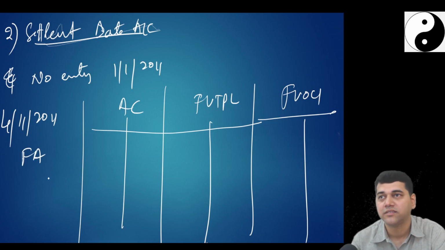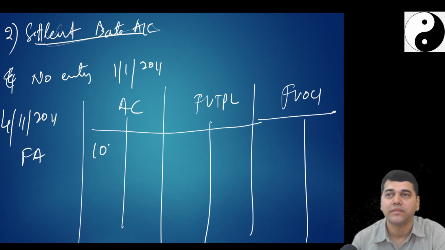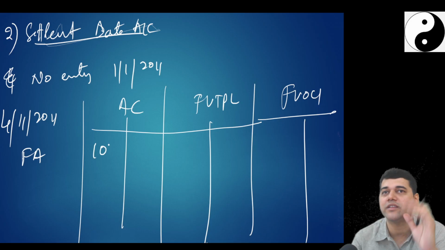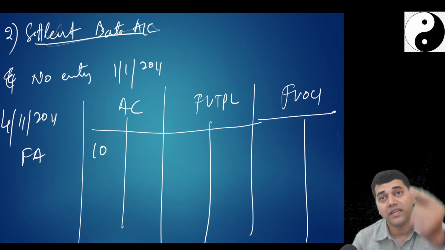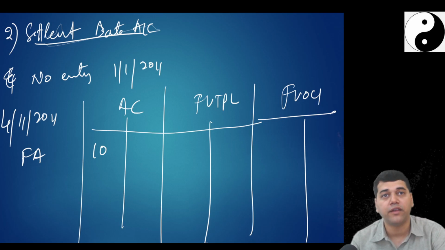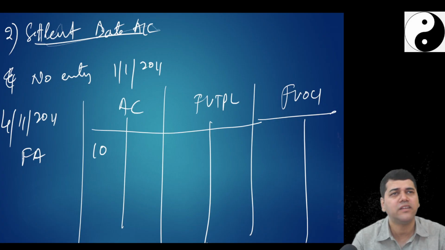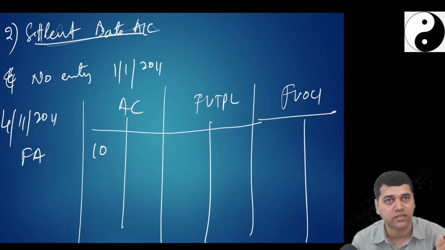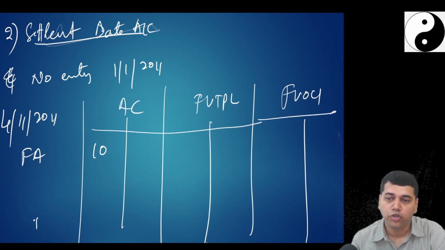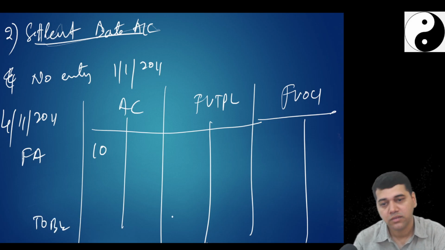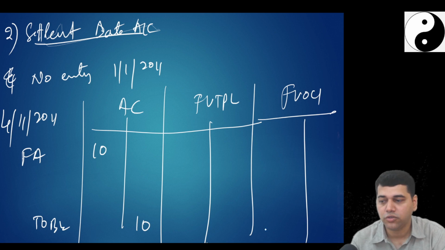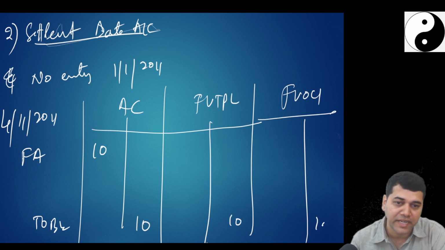Financial asset, how much? 10, because you don't recognize any fair value changes. On the date of entry, what was your fair value? 10. So afterwards, whatever changes happen, you are not interested. To bank, how much? 10 only.